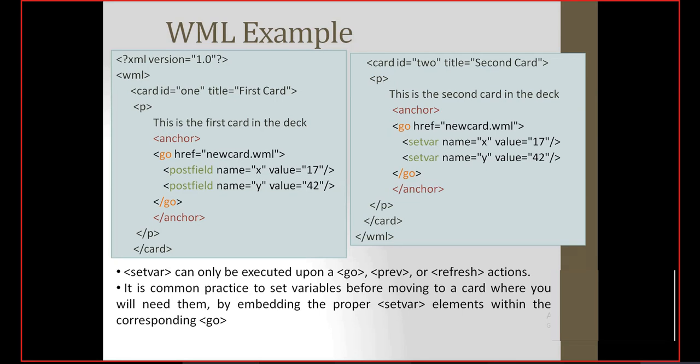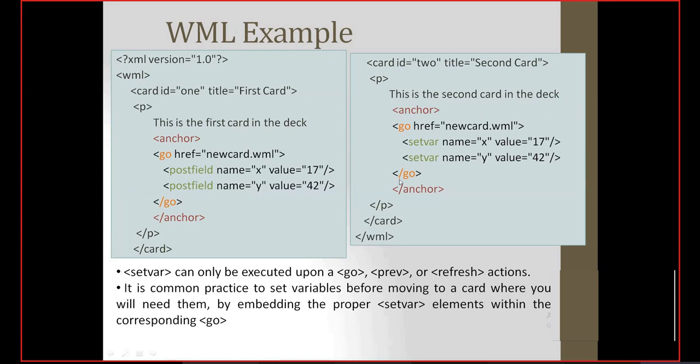Yeah. So set variable can be executed with all of these tags. Along with the go tag, we can also have the variables to be set for the previous page. Right? What we are doing over here, we are using the go tag, and for the next page we are defining these variables. Right? We are setting the variables.